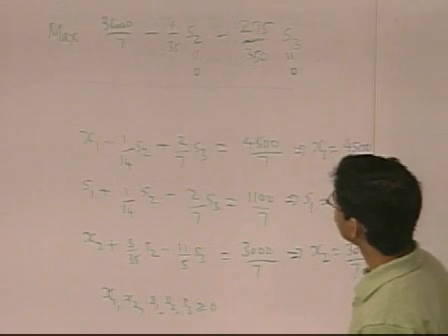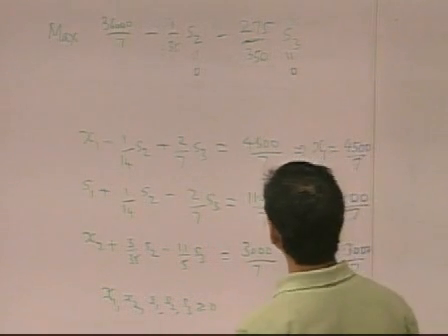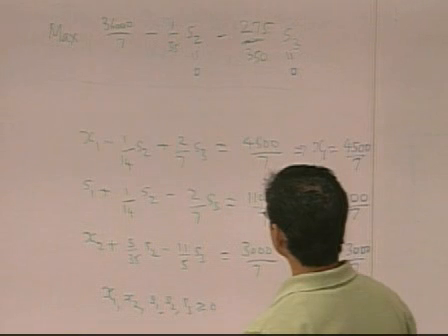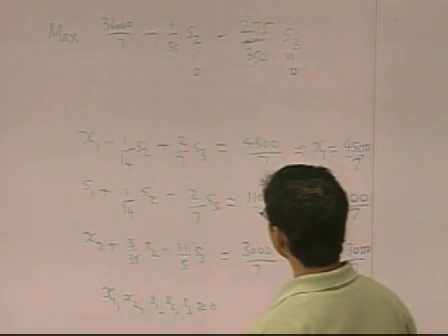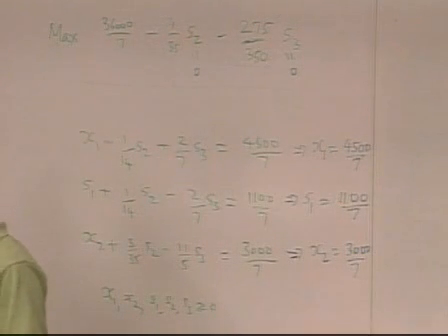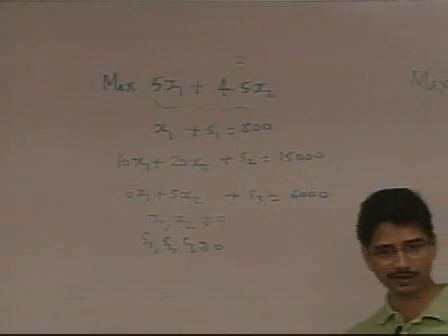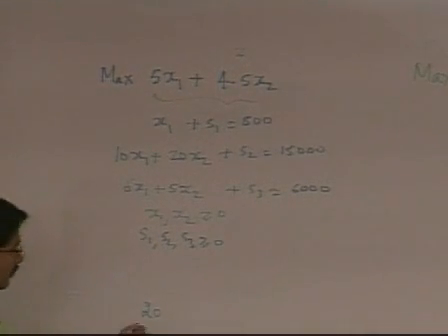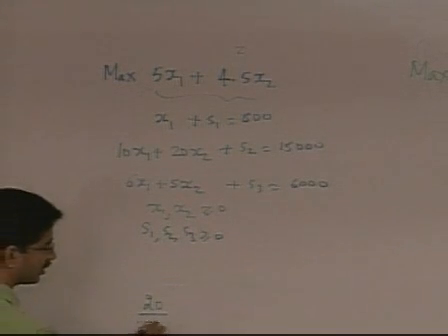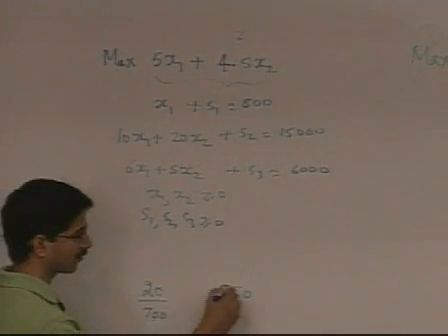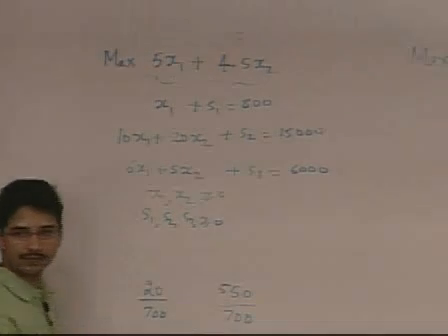Okay, so something else I wanted to do. Do people remember the multipliers that we used in the previous proof? 20 and 550, right? If you remember, it was actually 20 divided by 700. And the other multiplier was 550 divided by 700.